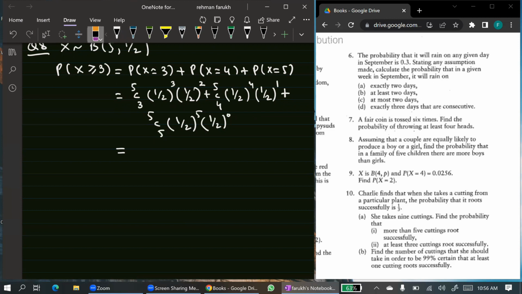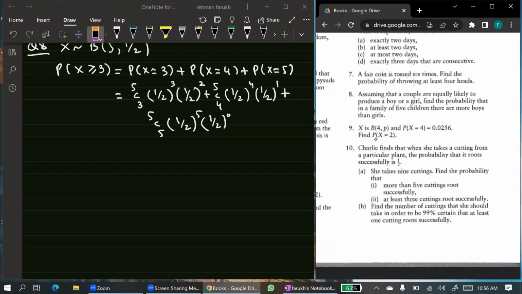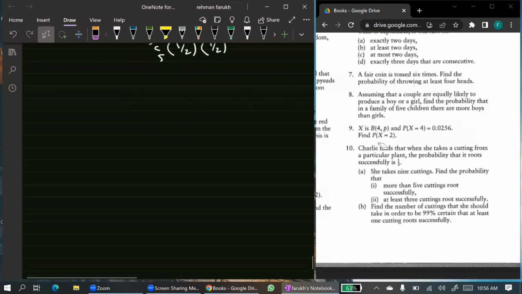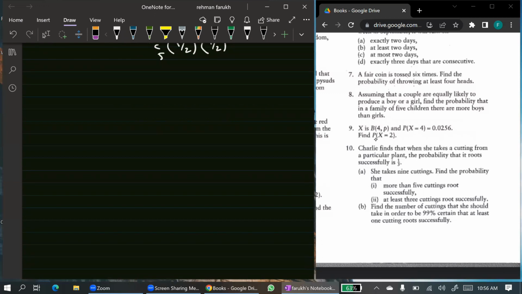Now we will attempt question number 10. Question number 10 is, Charlie finds that when she takes a cutting from a particular plant, the probability that it roots successfully is 1 by 3.